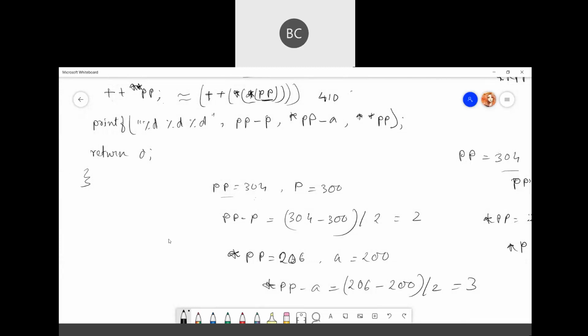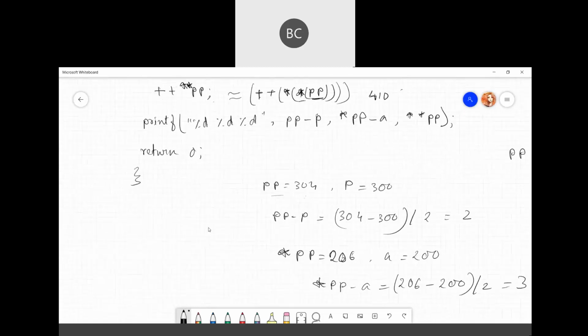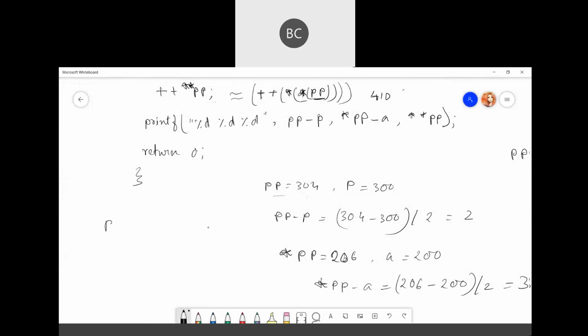So now if you do the same thing again for this part, PP is the same, 304, and P is 300, it's the same. So now it will be PP minus P, 304 minus 300 and divided by 2. So it will be 2 again. So for this part, it will be 2 again.